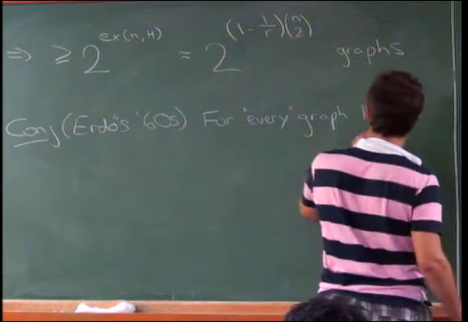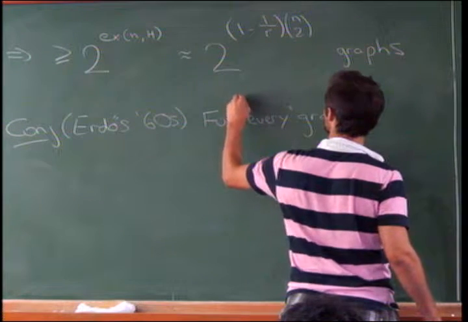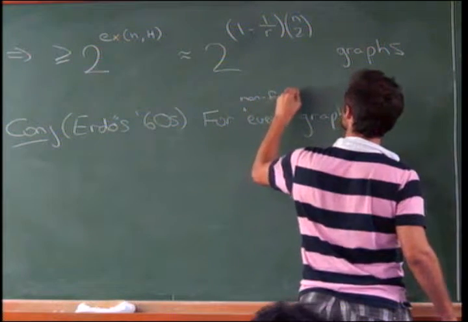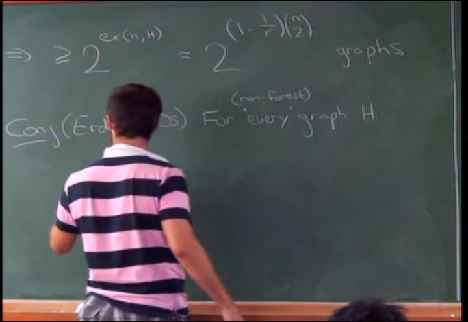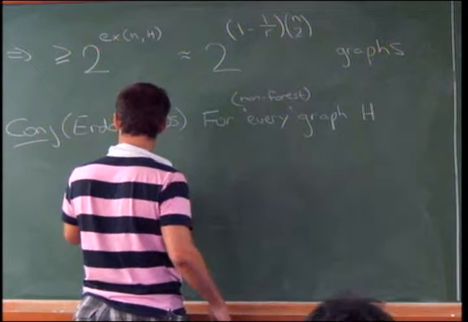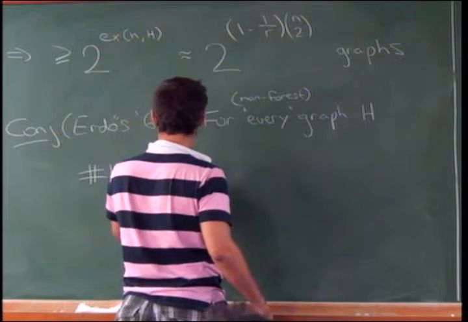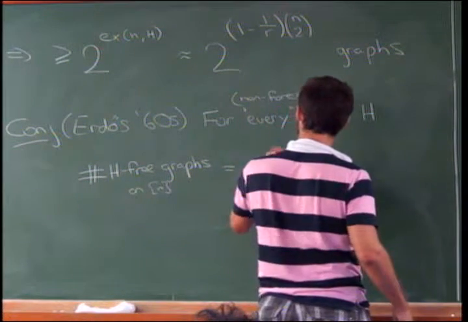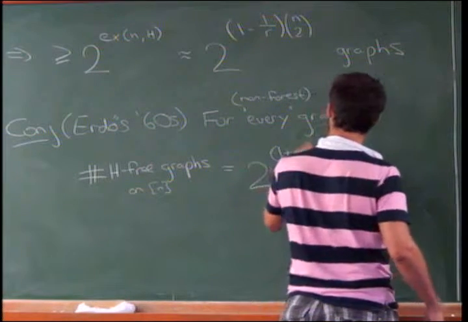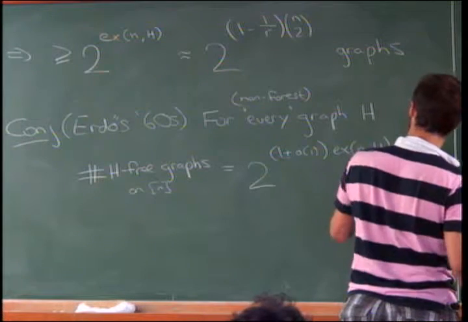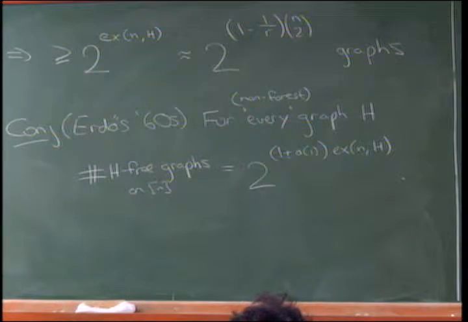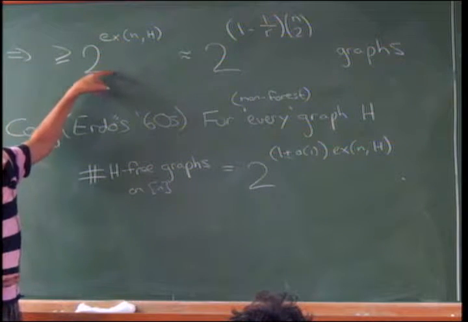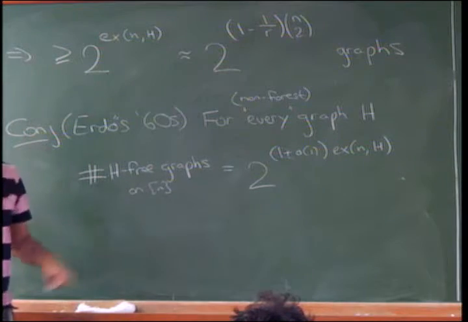Let's say with a cycle, the number of H-free graphs on n vertices is equal to 2 to the power (1 plus little o(1)) times the extremal number of H. So it's not necessarily true that almost all look like this, but this is the main contributor to the number of H-free graphs.